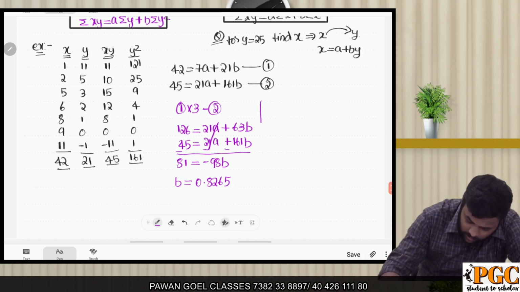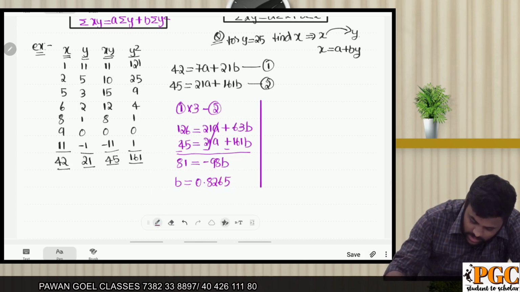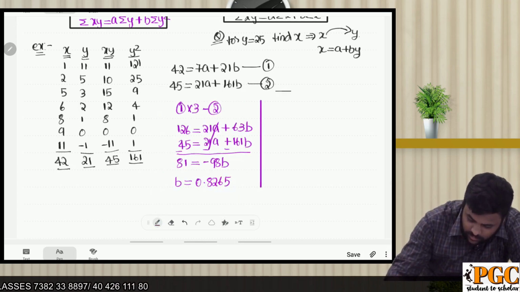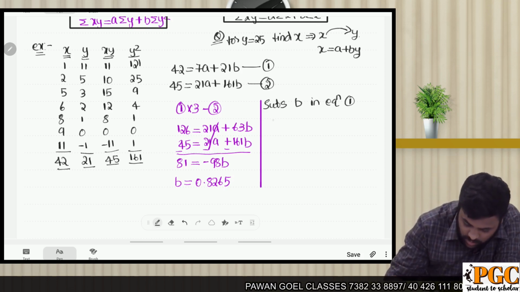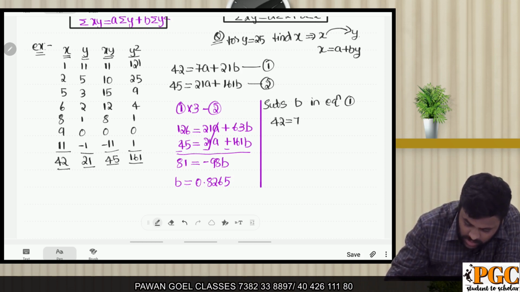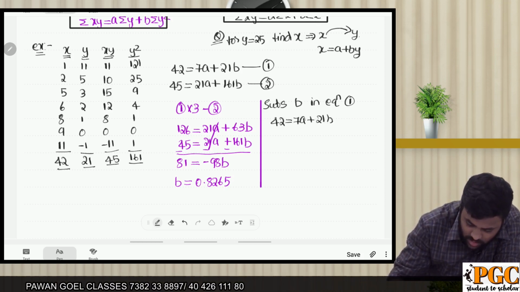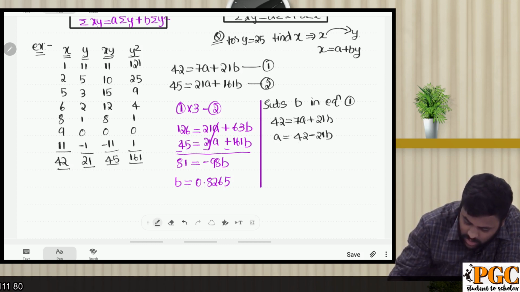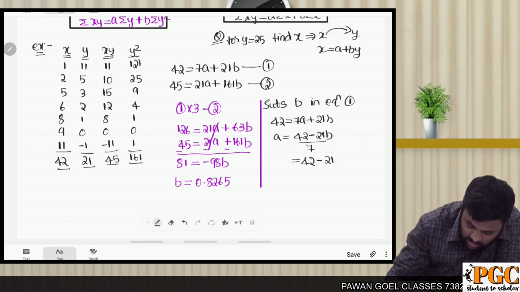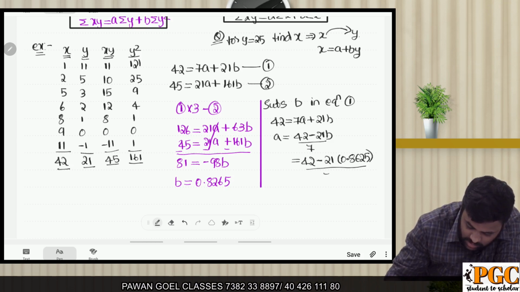Let us take this value and substitute. Let us substitute b in which equation, my dear friends? Let us substitute b in equation 1. So can I say 42 is equal to 7a plus 21b, or a is equal to 42 minus 21b divided by 7, which is equal to 42 minus 21 into 0.8265, whole divided by 7.